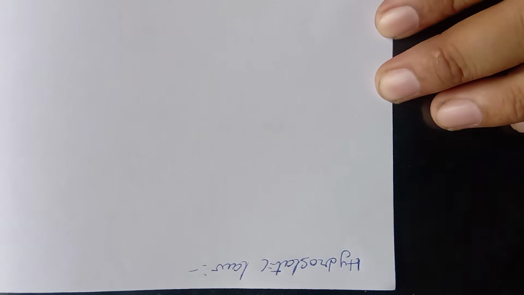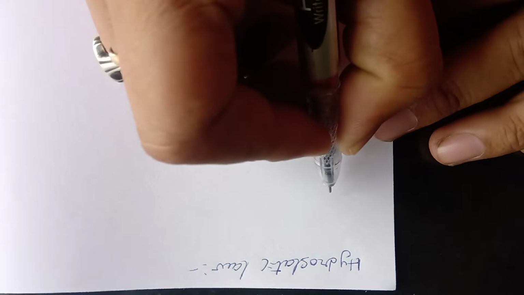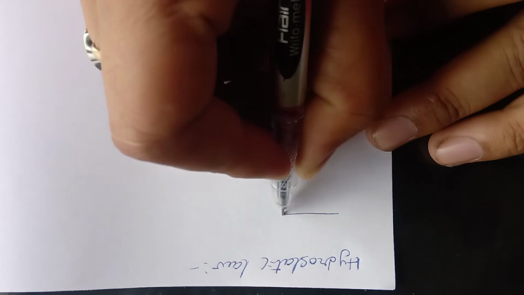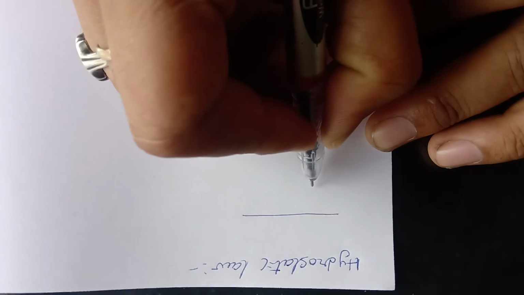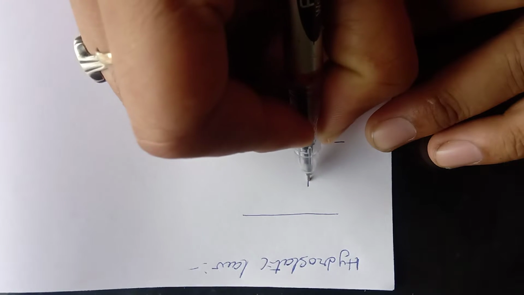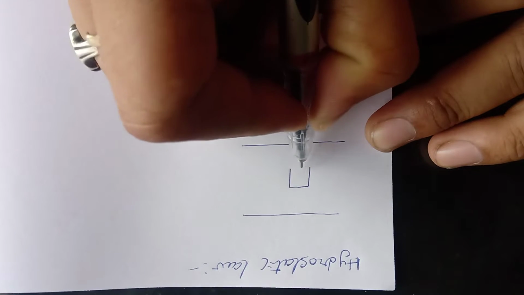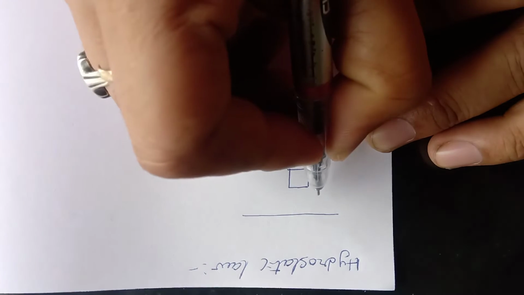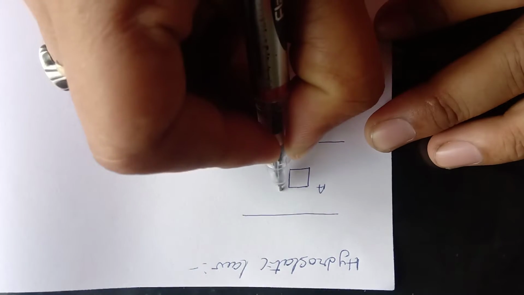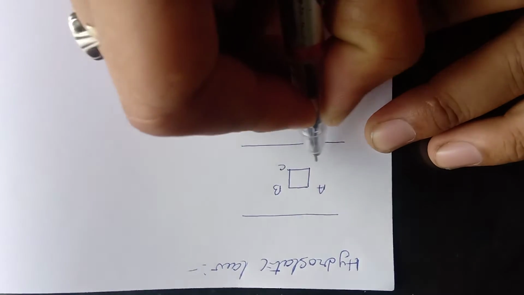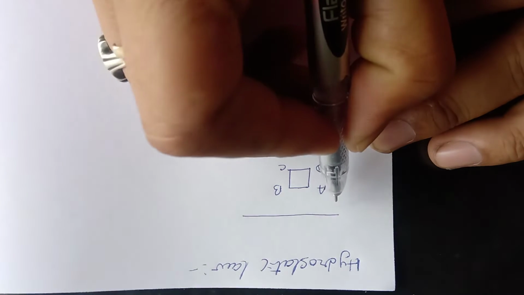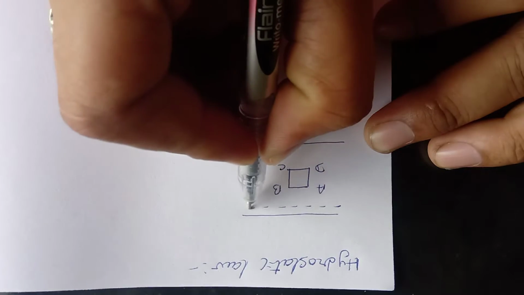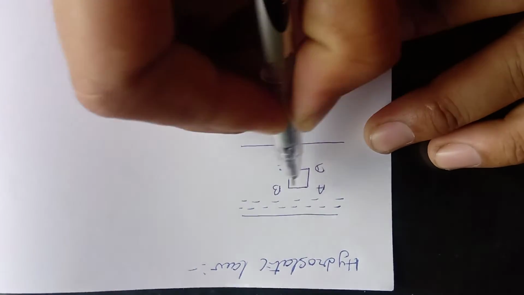To prove it, let us take a small element in a fluid, whose sides are A, B, C, D, which is inside the fluid. So the element is a part of the given fluid.